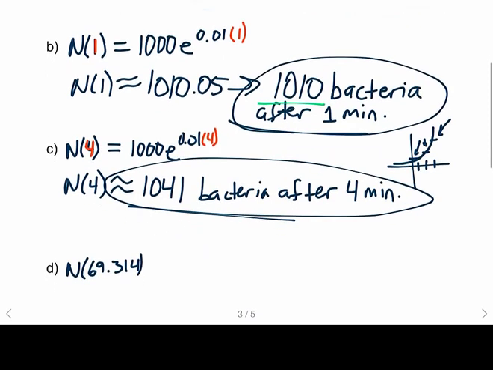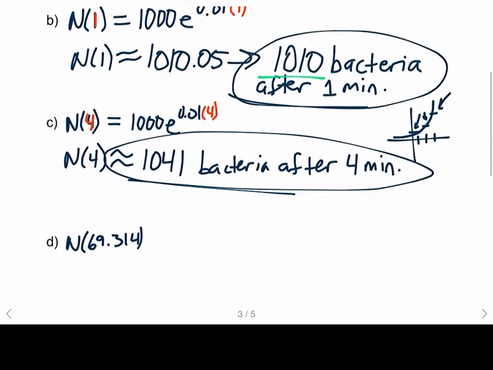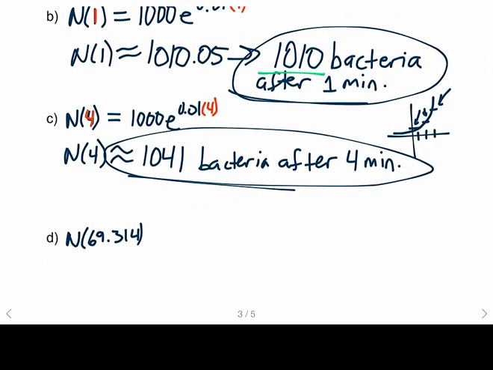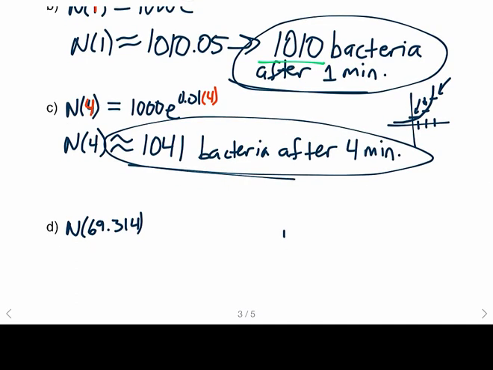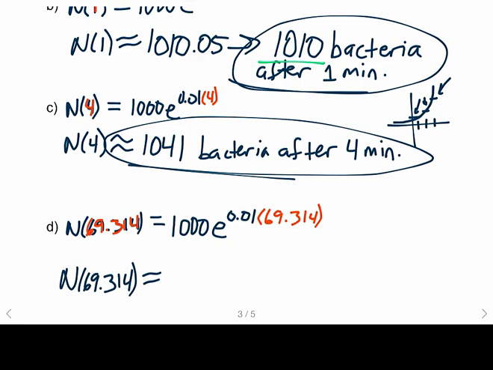Finally here, find N of 69.314. I know it's weird, but go ahead and pause the video and see what you come up with. And so putting 69.314 in place of t and asking my calculator for the value and then rounding, I get 2,000.